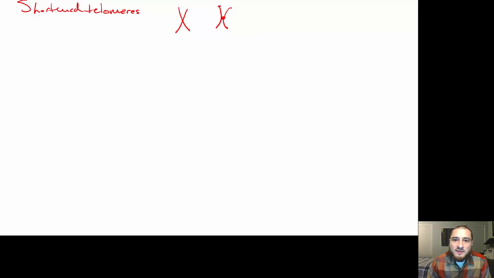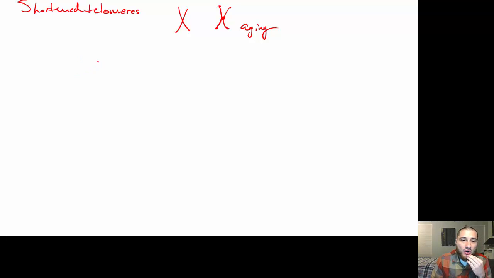And on the tips, you have these caps, and these caps are called telomeres, and they get shorter and shorter as time goes on, and that's what is going on when we are aging. But we can see that there are some people that are aging very rapidly, and those people have an early onset of these shortened telomeres, okay?